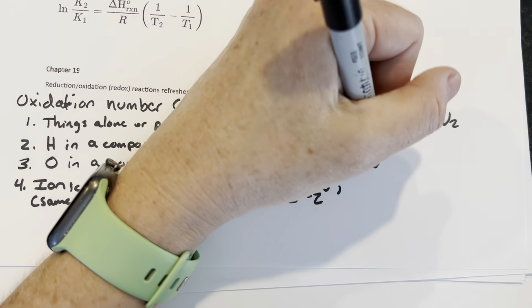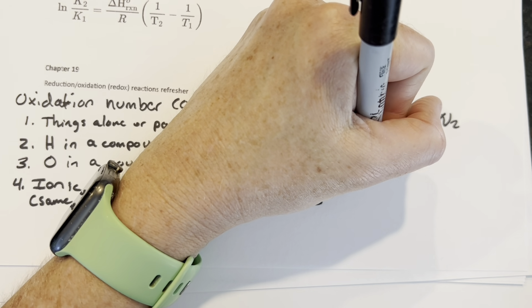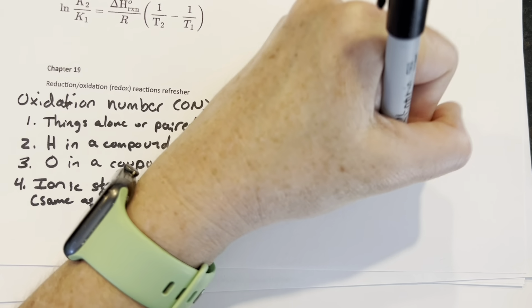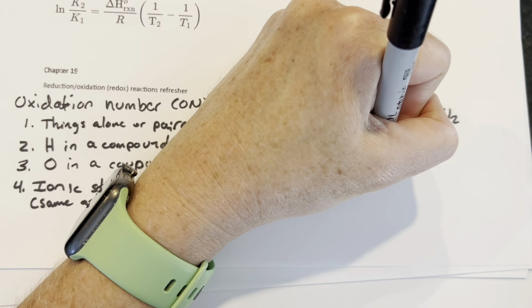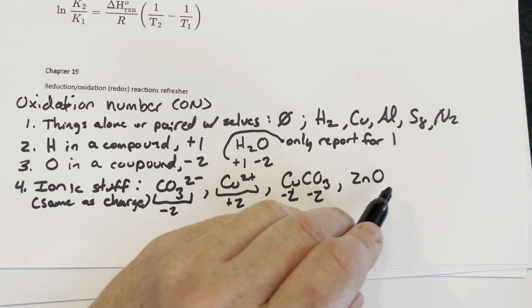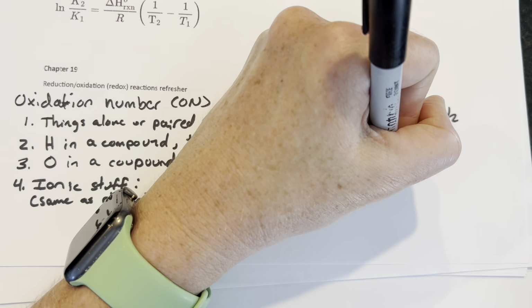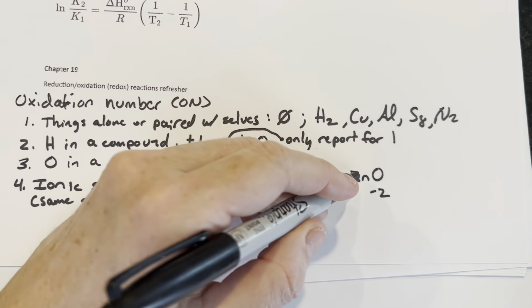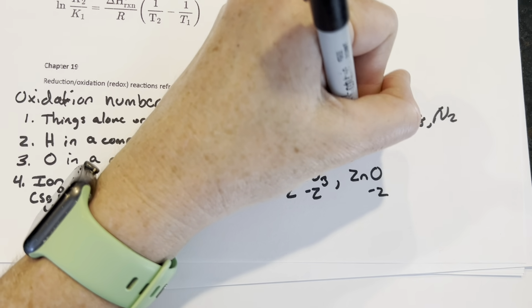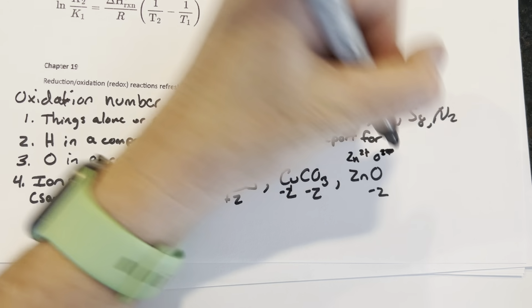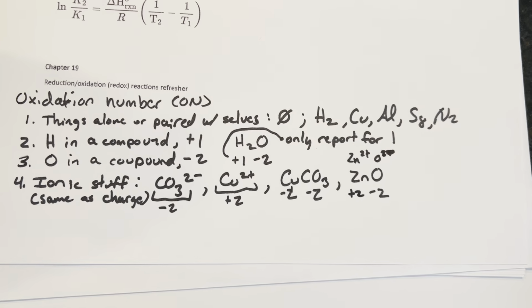Then we have something like zinc oxide. In zinc oxide, we know the oxidation number of oxygen is -2 because it's in a compound. Because of that, we also know zinc must have a 2+ charge. Oops, sorry, that's minus for oxygen. Zinc must be 2+, that's why it's got a +2.